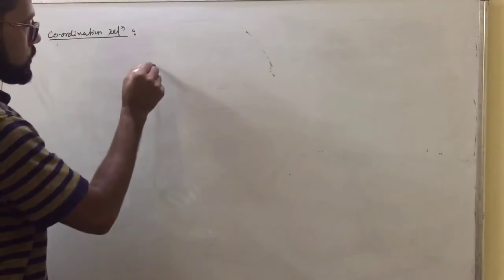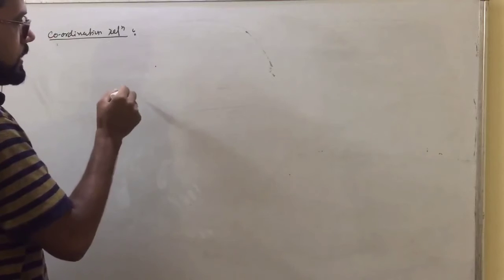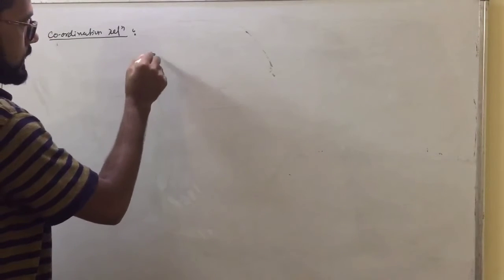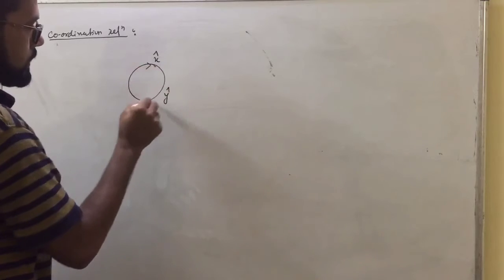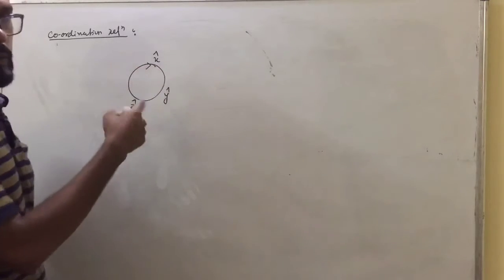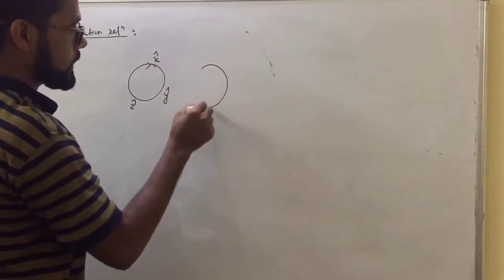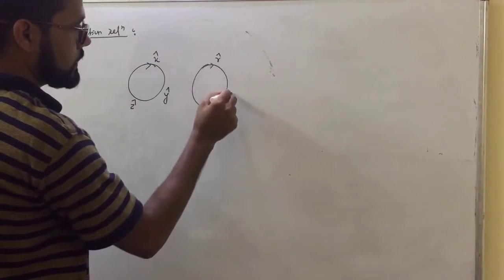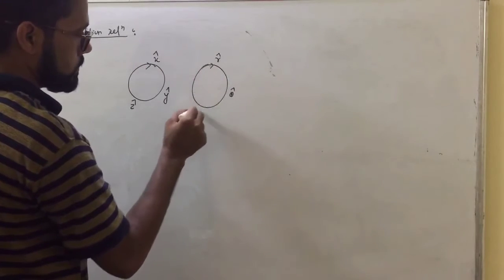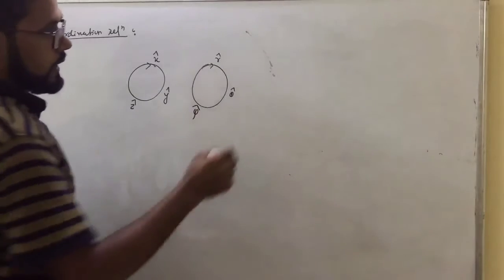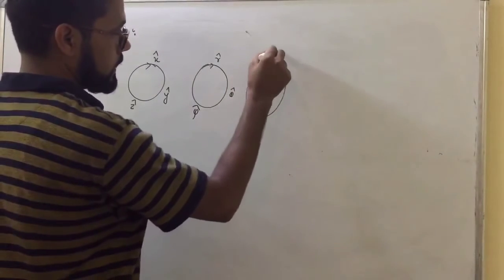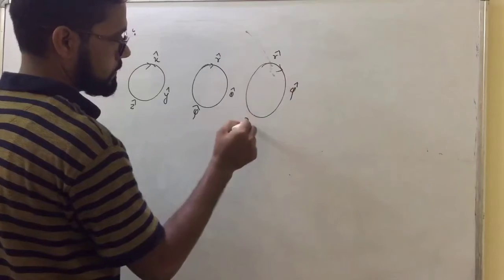See, the Cartesian coordinate system is represented by x cap, y cap, z cap. This is the spherical coordinate system, r cap, theta cap, phi cap. And this is the cylindrical coordinate system, r cap, phi cap, z cap.